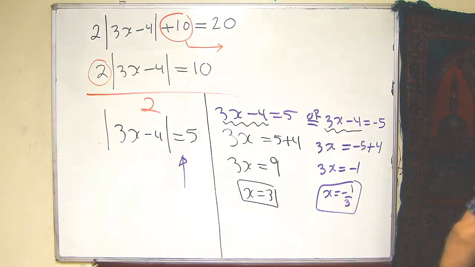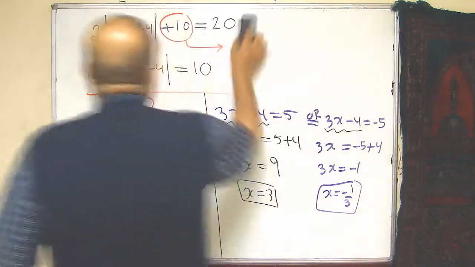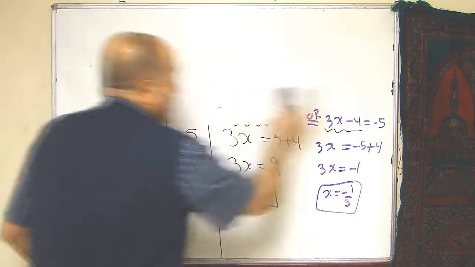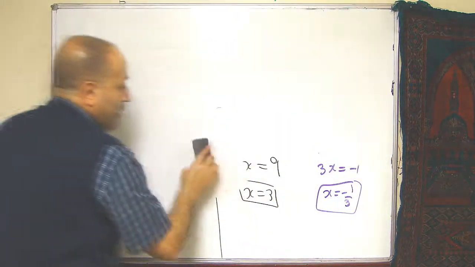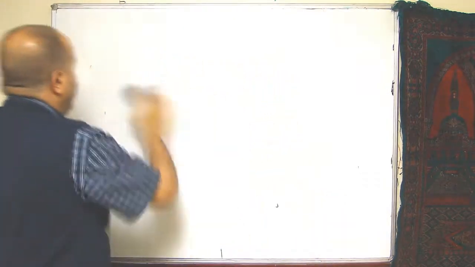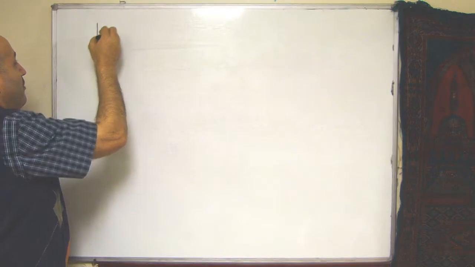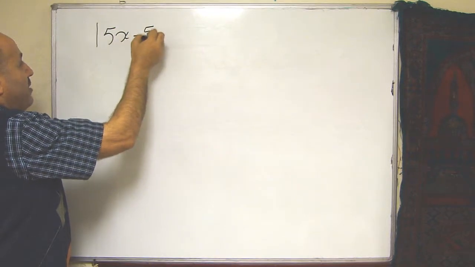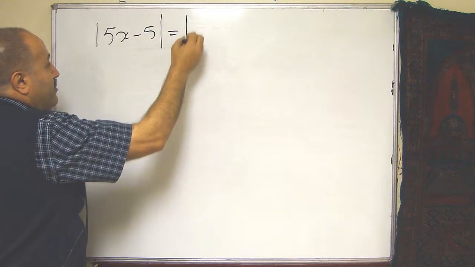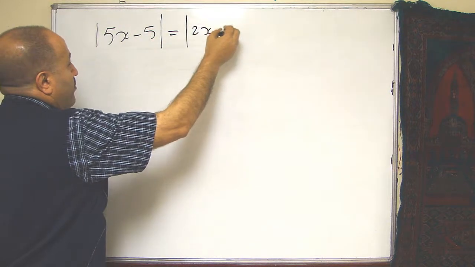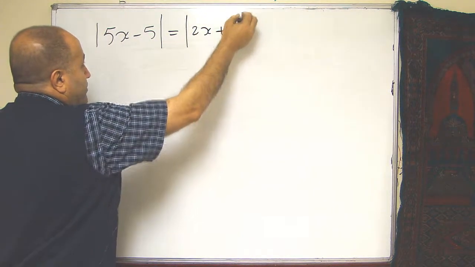If we look at this example here, suppose I have the following example, and actually with a little extra concept. Let's take a look at this example: the absolute value of 5x minus 5 equals the absolute value of 2x plus 3.